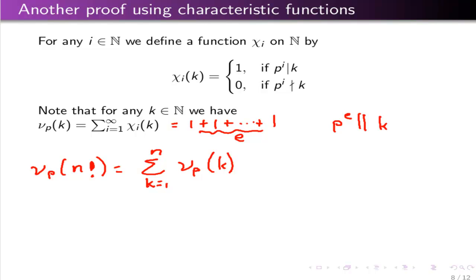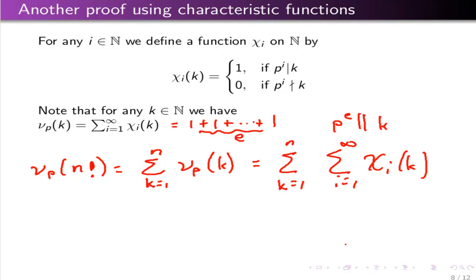What is its power in 1, its power in 2, its power in 3, and so on, all the way up to n. So that's just following from the multiplicative property of the p-adic valuation. Then I'll use this formula here. So I just insert that nu p of k is this sum right here.